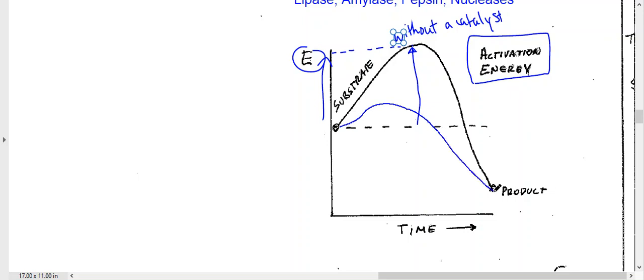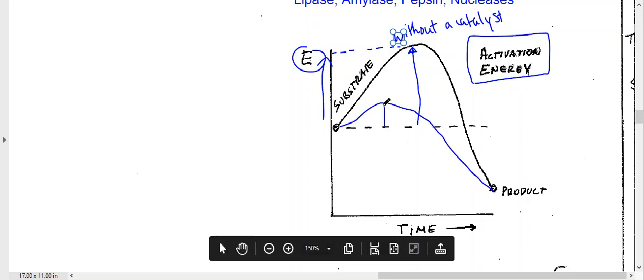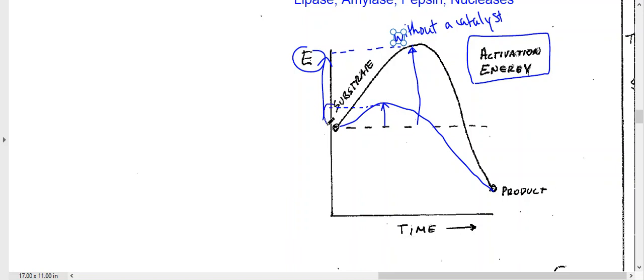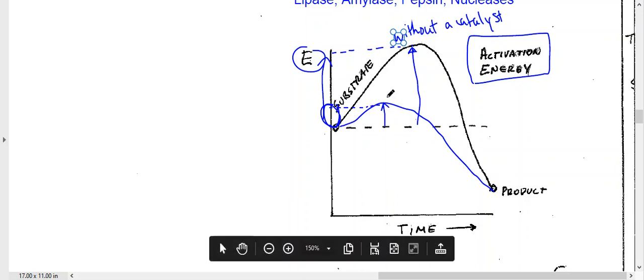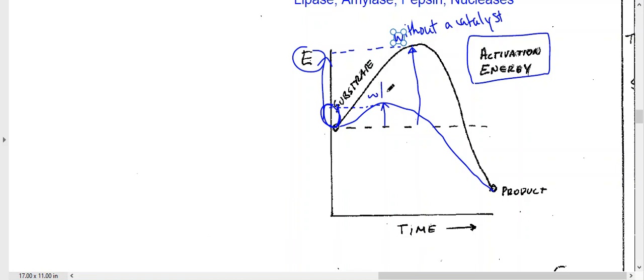So if we're drawing this visually, the hill that has to be overcome, the amount of energy that has to be achieved before the reaction can go, is significantly less. So this is the amount of activation energy needed with, I'll do W/ for an abbreviation, with the enzyme. And this is why enzymes speed up reactions.